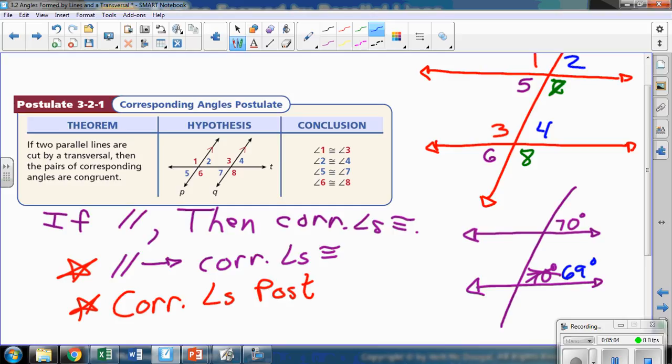In order to make it a 69-degree angle, this line has to come up just a tiny little bit, just 1 degree higher, and so it's going to get thrown off a little bit. And visually, right now, it doesn't really look any different. Remember, lines go on forever.